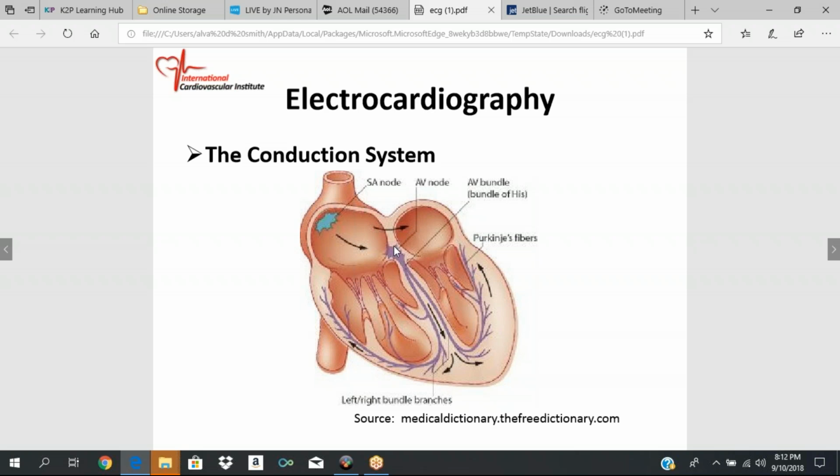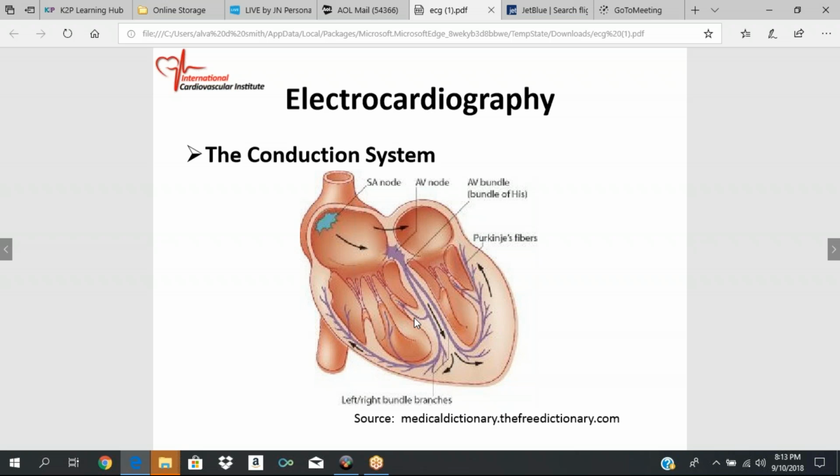But the important thing is that this is what we call a subsidiary power station. It is located close to the AV junction, the atrioventricular junction, and this is the AV node. That's why it's called the AV node. Then the AV node gives rise to the bundle of His, and the bundle of His splits and gives you a left bundle and a right bundle.